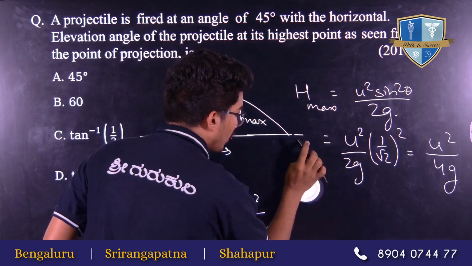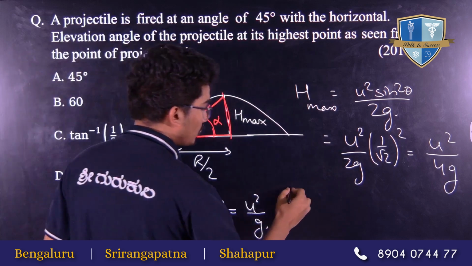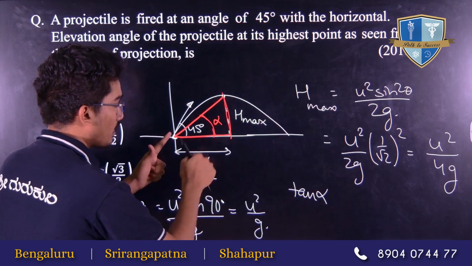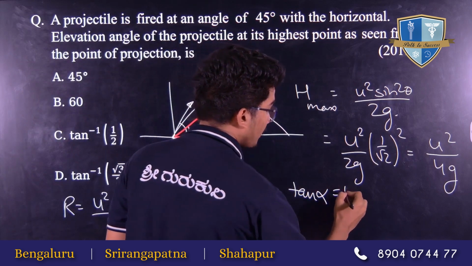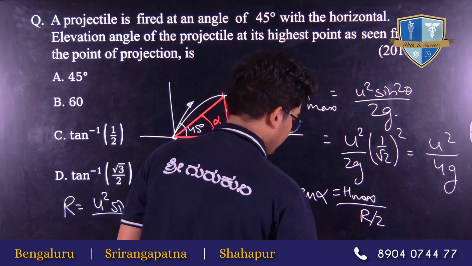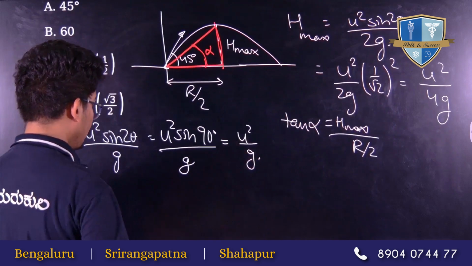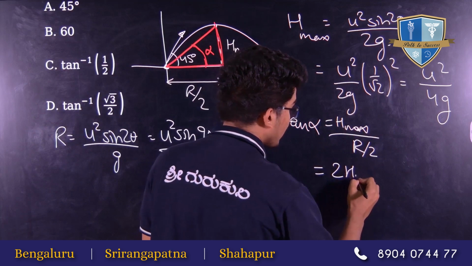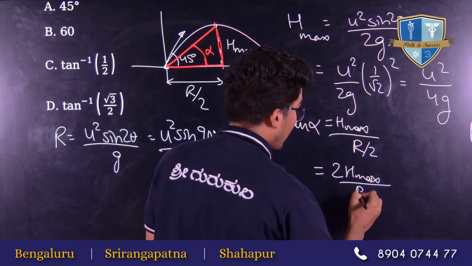Let's suppose the angle of elevation is alpha. So tan alpha in this triangle is opposite upon adjacent, which is h max divided by r by 2. This 2 will multiply above, so this becomes 2 times h max divided by r.